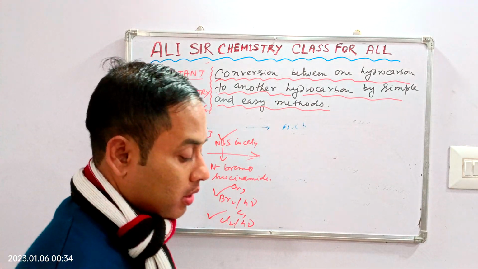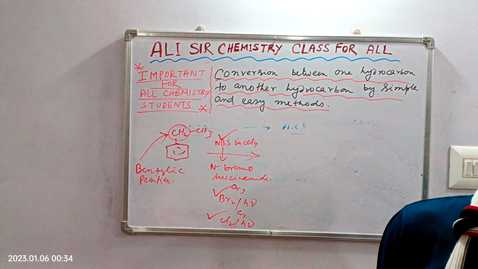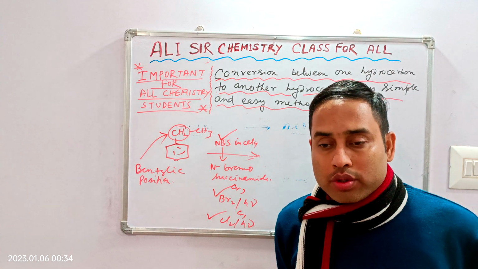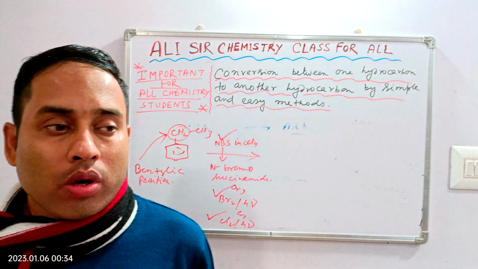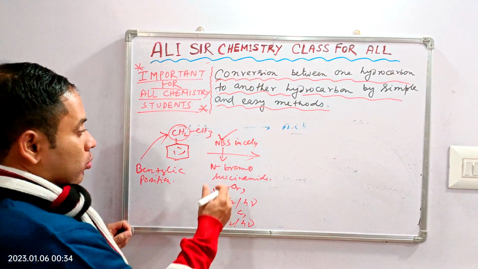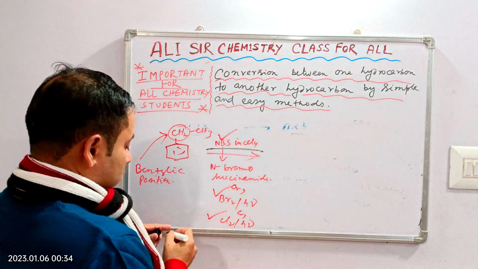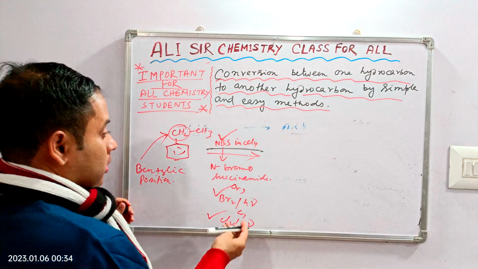You must remember this. This is very important. For allylic and benzylic halogenation, we have to use NBS CCl4 or Cl2 hv or Br2 hv.